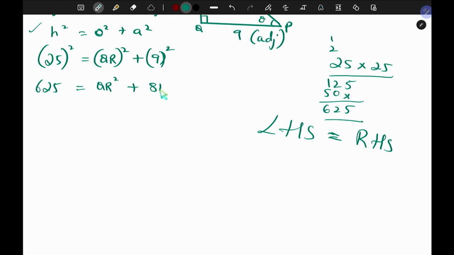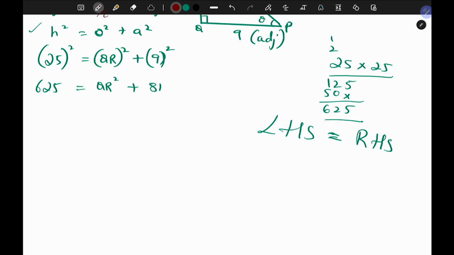Now your goal is that there shouldn't be any variable or multiple or number towards the right hand side except for QR. That's how you find the value of QR. So we've got QR square and we've got 81. First we have to get rid of 81, so you just shift it towards the left hand side.